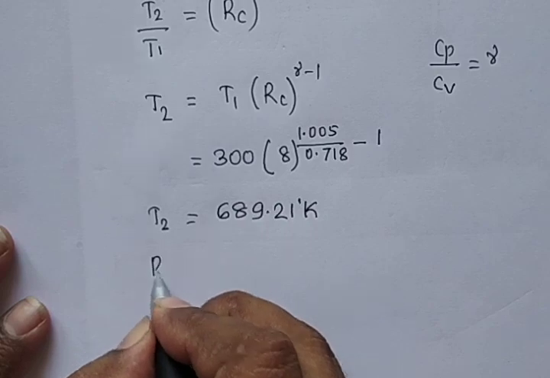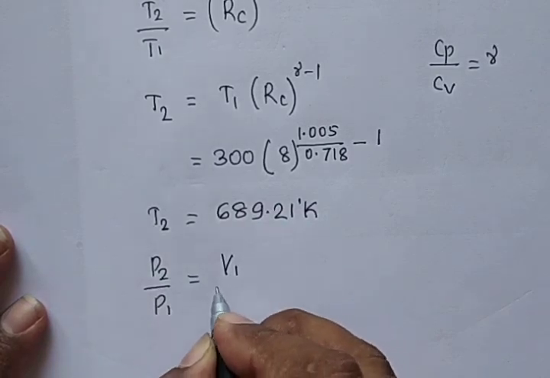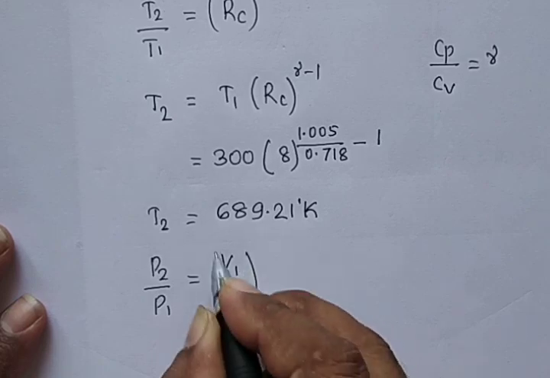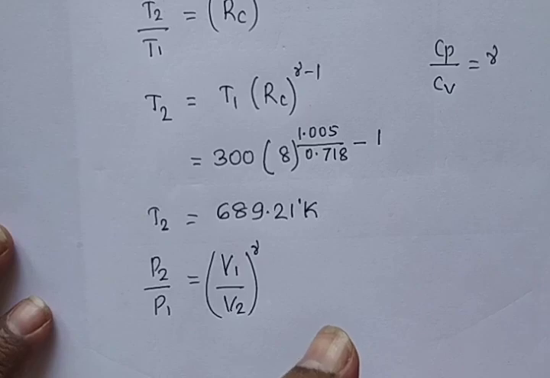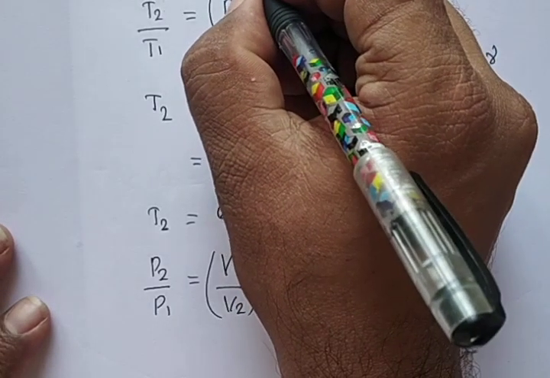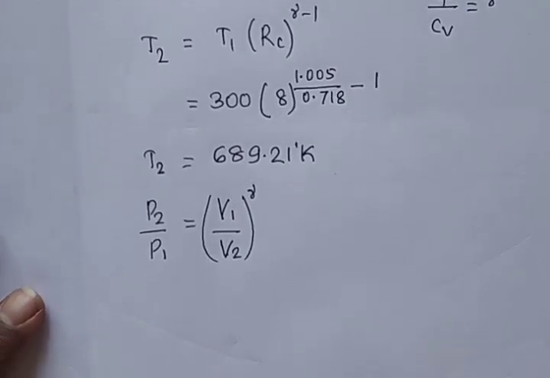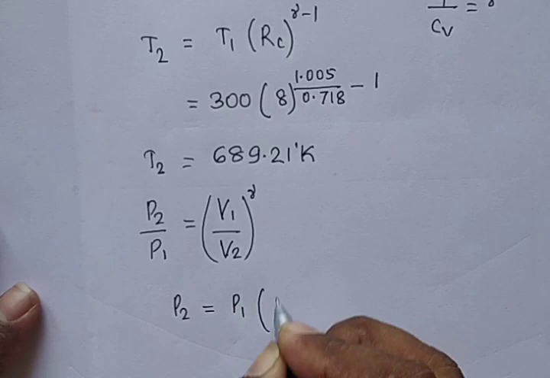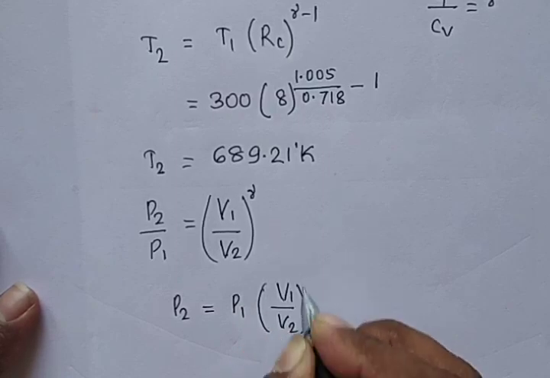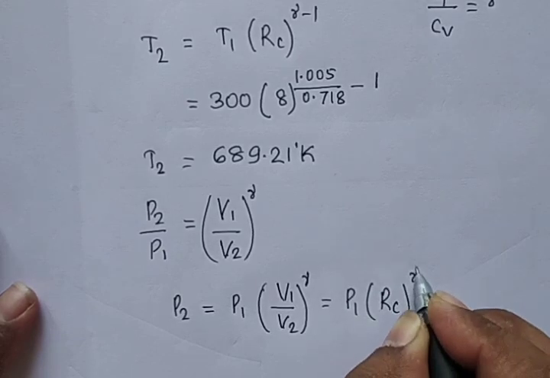After finding out the value of T2, next find out P2. So P2 by P1 will be equal to V1 by V2 to the power gamma. The main thing that is required in solving these problems is PVT relationships. So if we know PVT relationships, it is very easy to solve these problems. So P2 will be equal to P1 into V1 by V2 to the power gamma, that is P1 into rC to the power gamma.